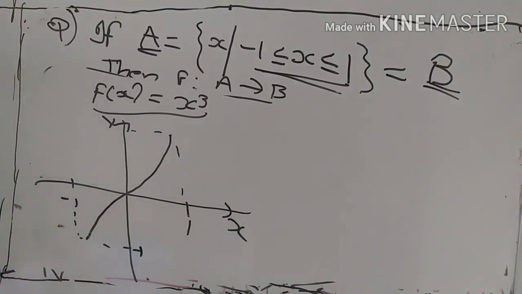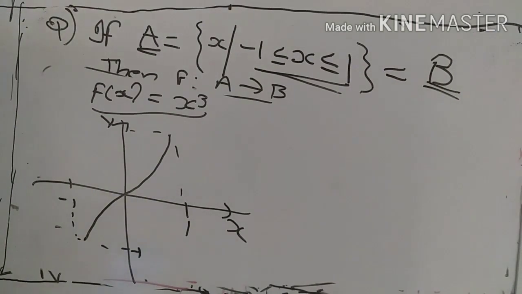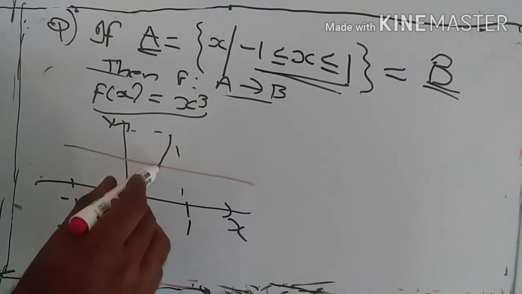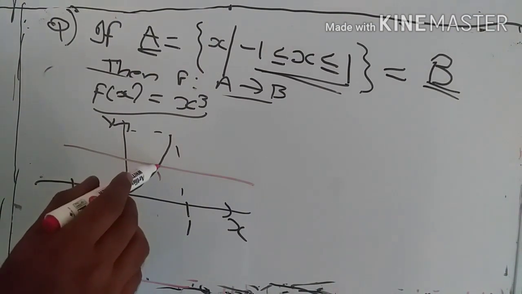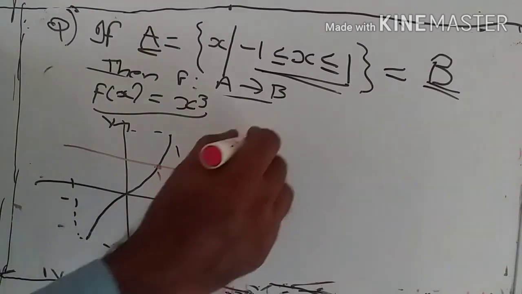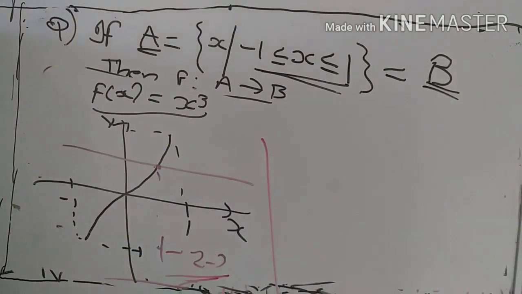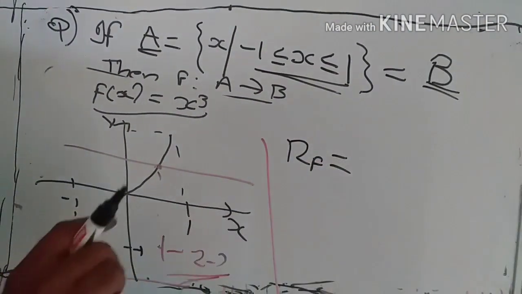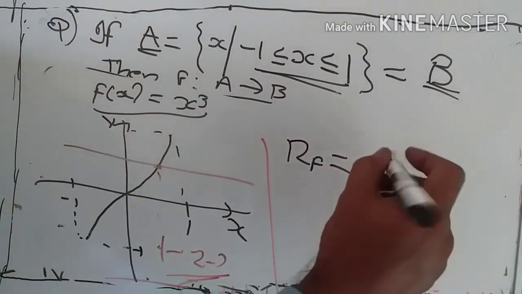This is the graph of x cube. Draw a line parallel to the x-axis; it cuts at a single point on the graph, so the function is 1 to 1. The range of the function is -1 to 1.